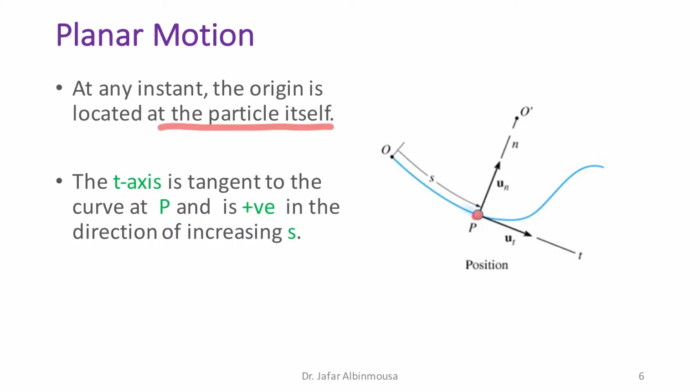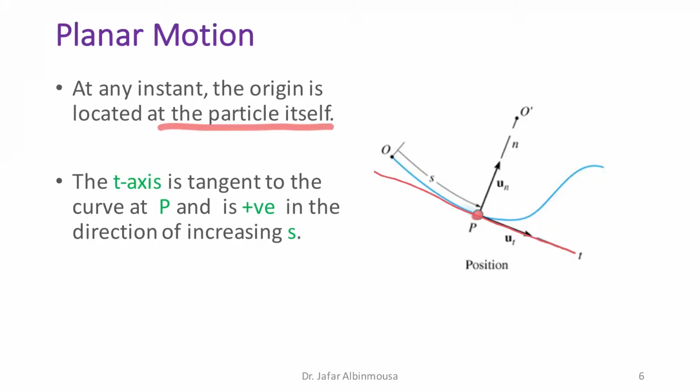The next thing is the tangential axis. So the tangential axis, which is the t-axis, is determined by establishing the tangent at a given point. So at this point, we need to draw the tangent. So this is the tangent to the curve.